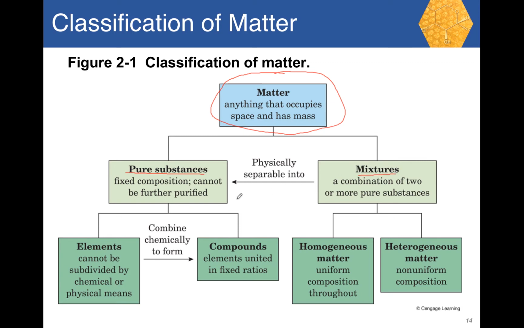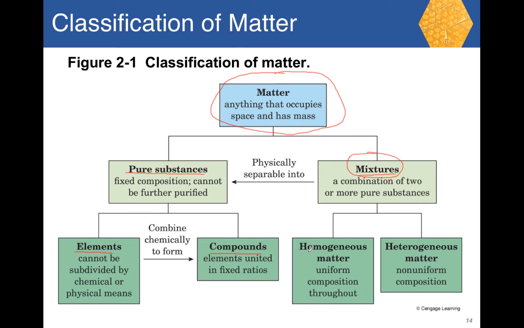If it's a pure substance, it has a fixed composition. Pure substances are made up of elements, that's shown on the periodic table, and elements combine to form compounds, which we'll discuss. On the other hand, you could have a matter that's a mixture.